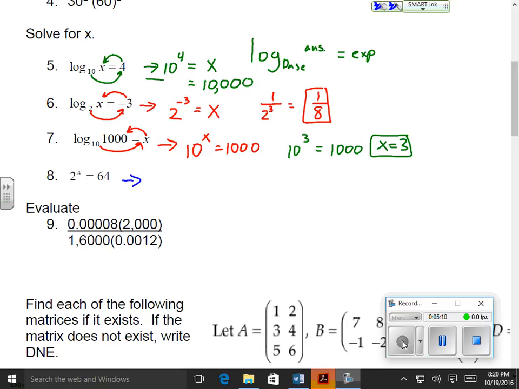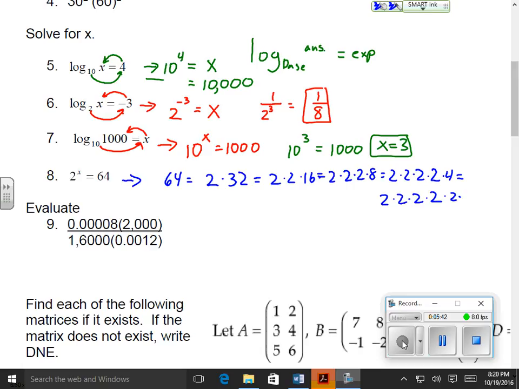Number 8. 2 to what power is equal to 64? Well, 64 is the same as 2 times 32, which is the same as 2 times 2 times 16, which is 2 times 2 times 2 times 8, which is 2 times 2 times 2 times 2 times 4, which is 2 times 2 times 2 times 2, and then the 4 is 2 times 2.